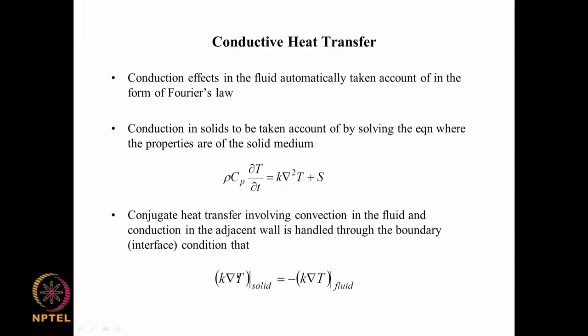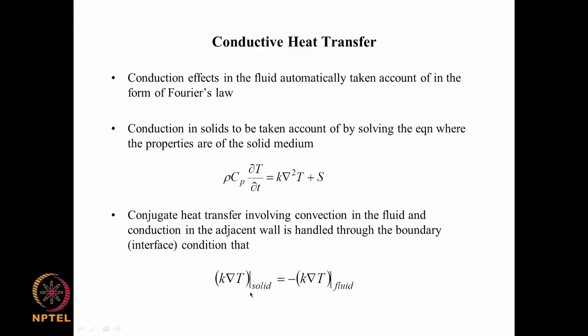minus k gradient of temperature within the solid, which represents the heat flux from the solid side of the wall, must be equal to minus k gradient on the fluid side of the wall, and so these two fluxes must be the same at the interface which is separating the solid and fluid, the solid-fluid interface.